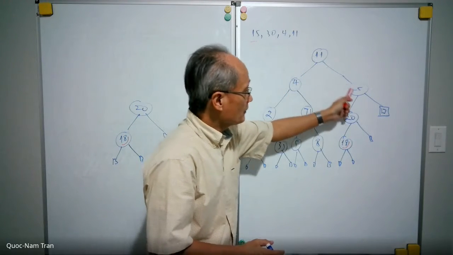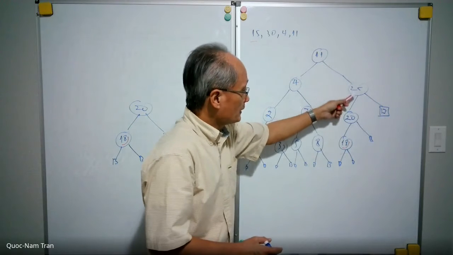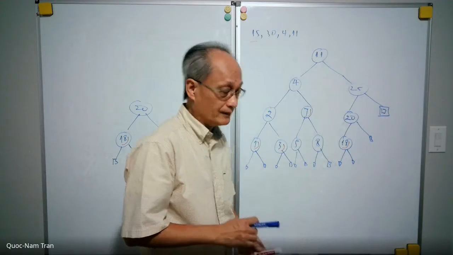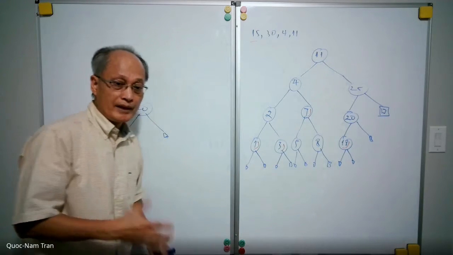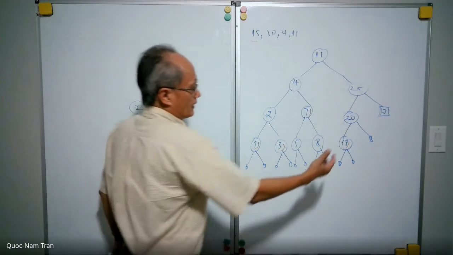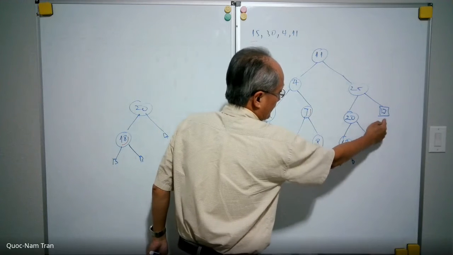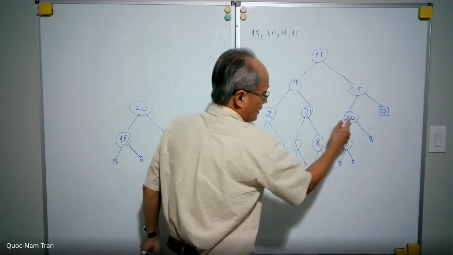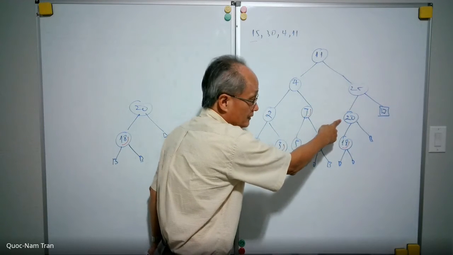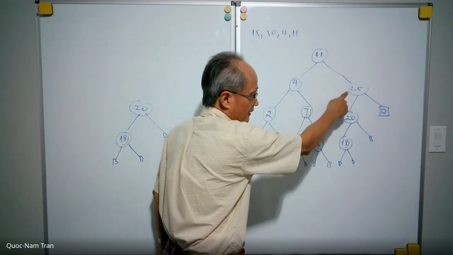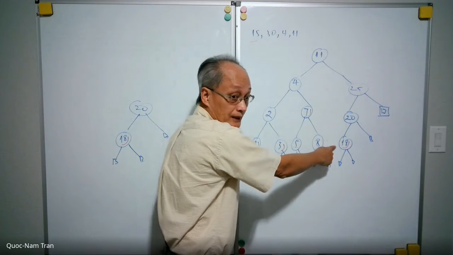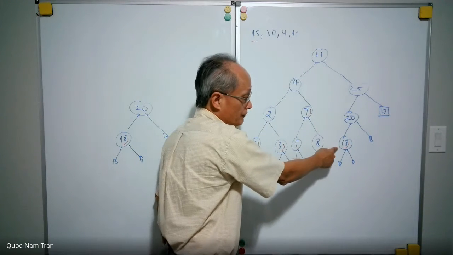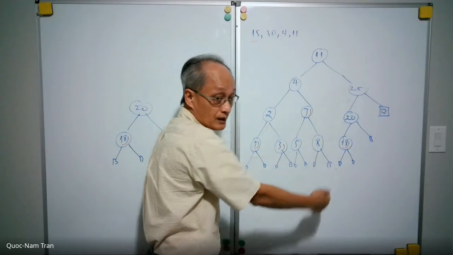Here you have 1, 2, 3, 1, 2, 3, 1, 2, 3. Yeah, it's correct. So now we have the situation here. The double black node has a black sibling, black parent, and then a red nephew. And the red nephew is on the leftmost.